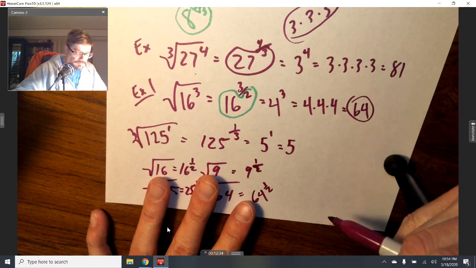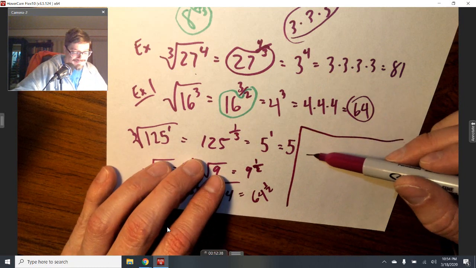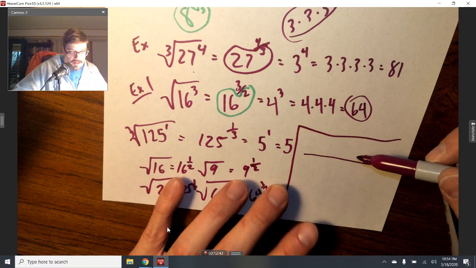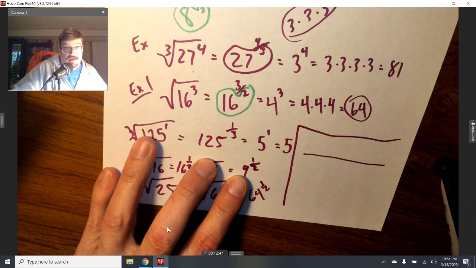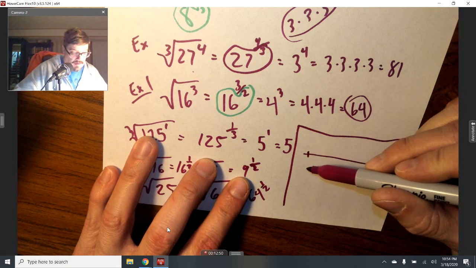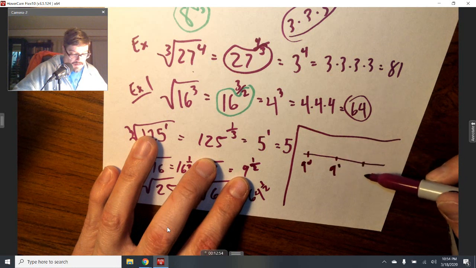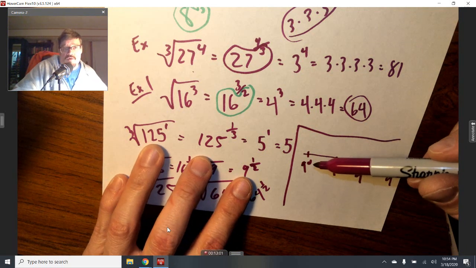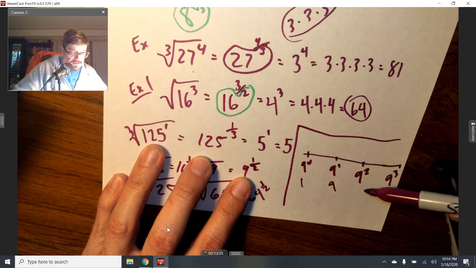Now, just to give you an idea of how that works, let's say 9 to the 1/2. 9 to the 0 power is 1. 9 to the 1 is 9. 9 to the second is 81.